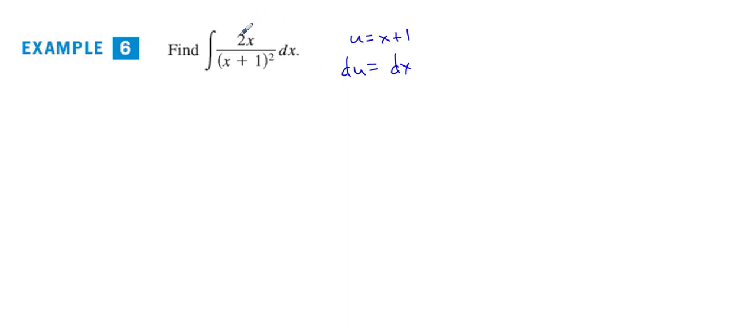I could have some fun and move the 2 out in front, right? 2 in front, antiderivative, I'd have u squared right now, and then du. But I needed to take care of this x. How would we do that?